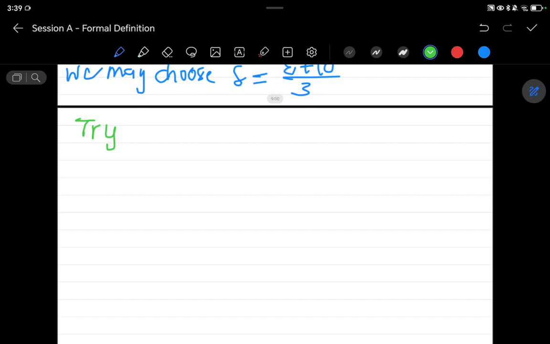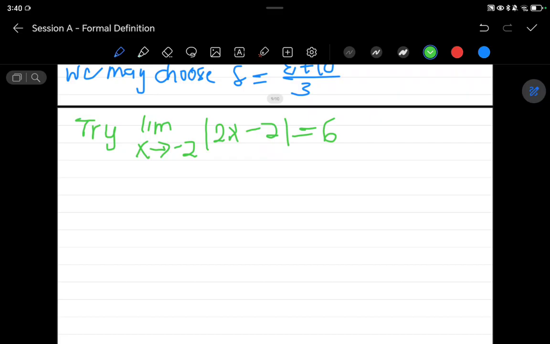I can't hear you. I don't know if you're still speaking or not. Then try this. Yes, which is also 6.